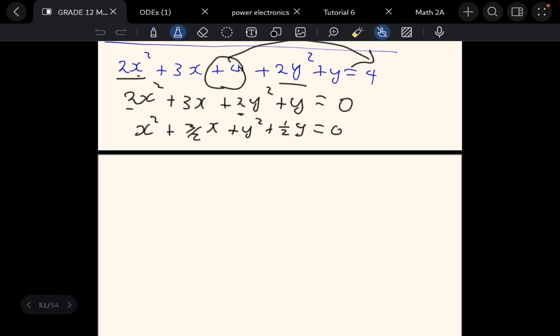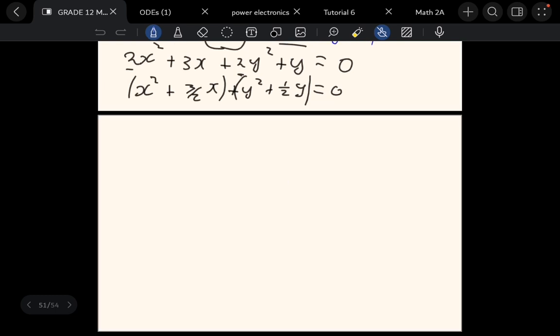After doing that, complete the square for my x values and for what? For my y values.